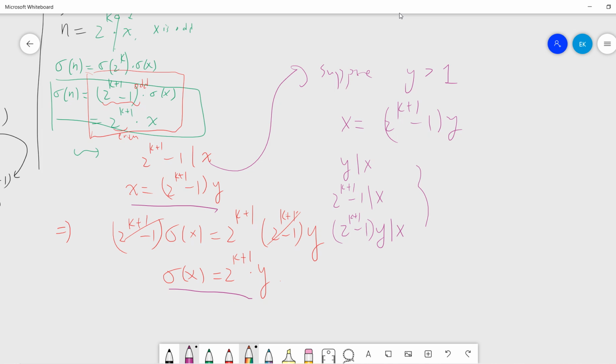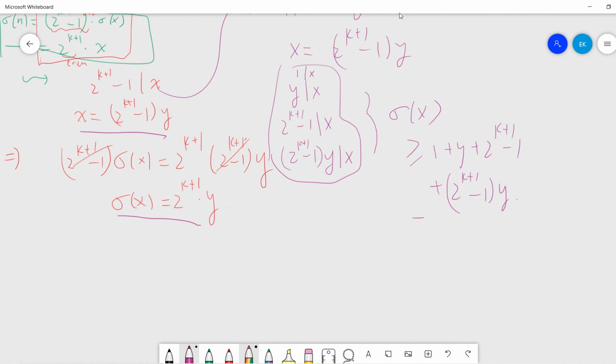Since y is non-zero, we still have 1 dividing x. So our sigma(x) must be larger than the sum of these: 1 plus y plus 2 to the k plus 1 minus 1, and 2 to the k plus 1 minus 1 times y.